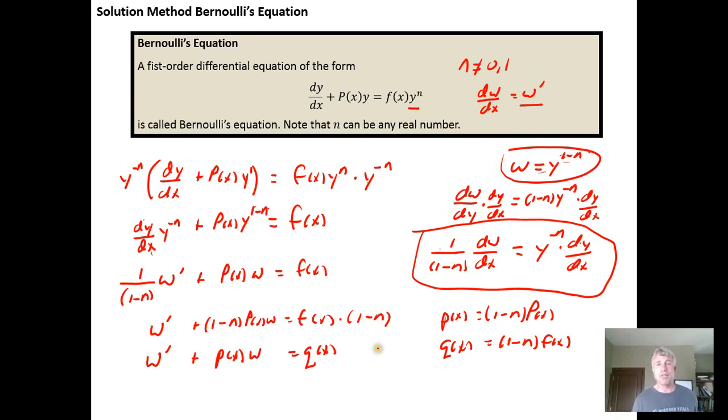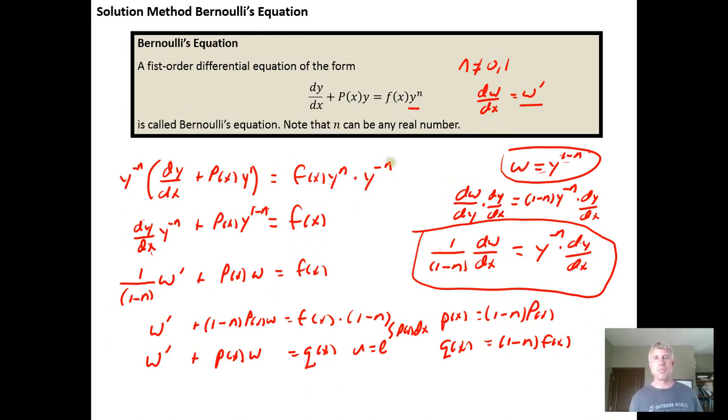And we can solve this equation by using the integrating factor u equals e to the antiderivative of p of x dx. So that's going to be the general solution process.